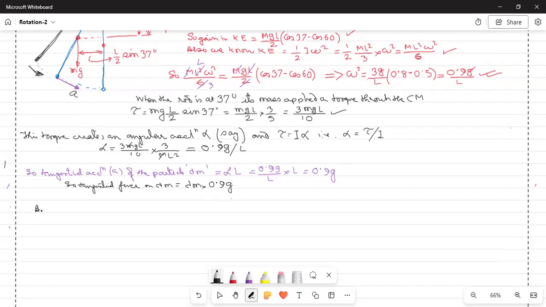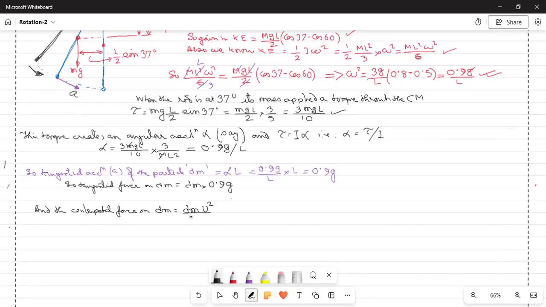So the centripetal force on dm is equal to dm v square by L. We have not determined the tangential velocity, we have only determined tangential acceleration.